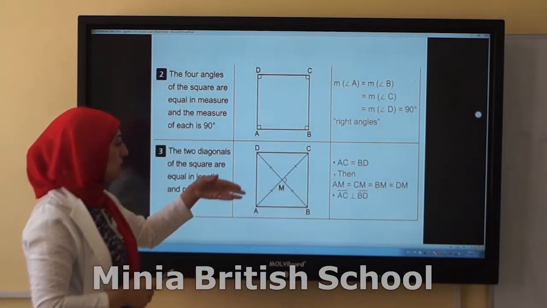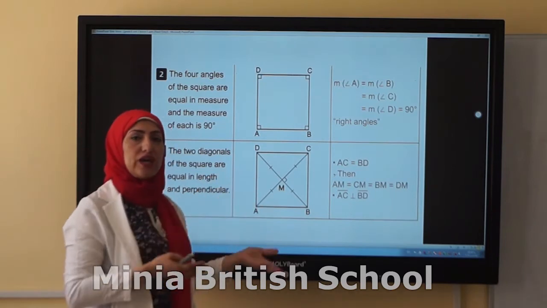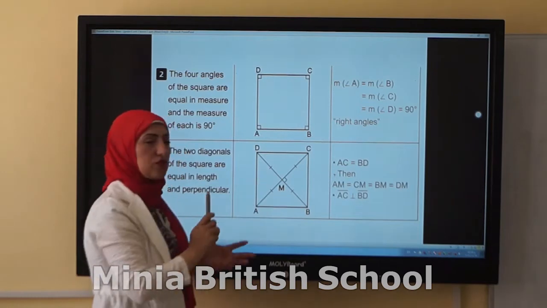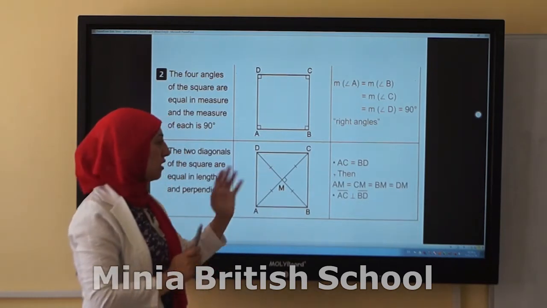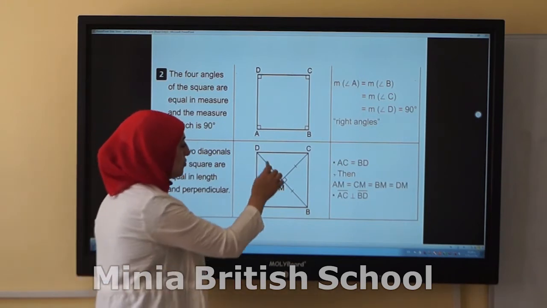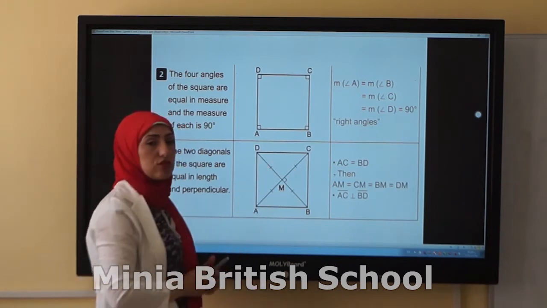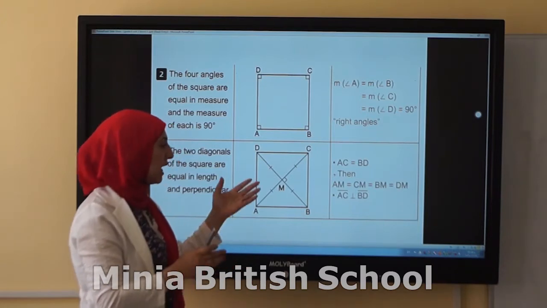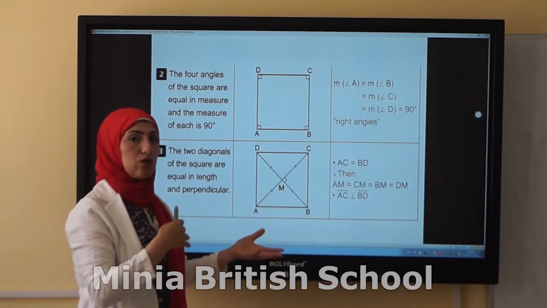Okay, let's see. What is the difference between the square and the rhombus? The four sides of the rhombus are also equal in length, and the two diagonals bisect each other and are perpendicular. So what is the difference?